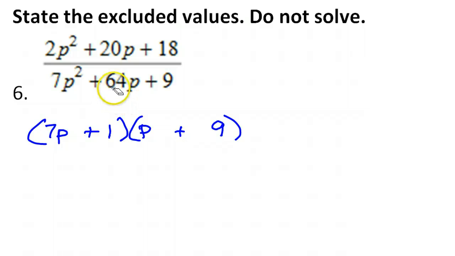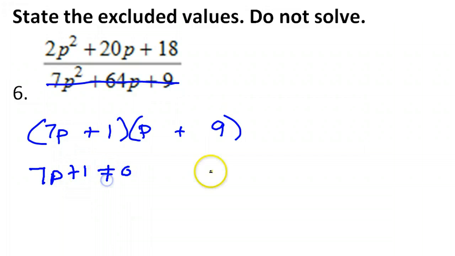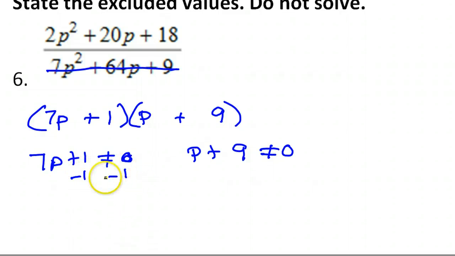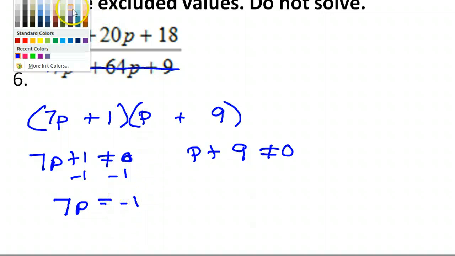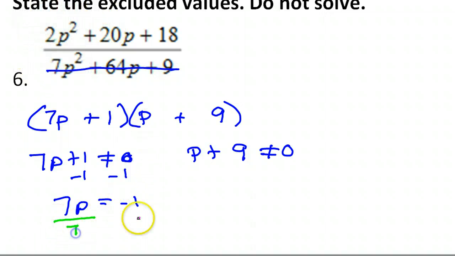Now that we factored the denominator, this has been replaced by this, and these cannot be 0. So that means 7p plus 1 cannot equal 0, and p plus 9 cannot equal 0. I need to subtract 1 from both sides, so that'll give me 7p is equal to negative 1. Divide by 7.